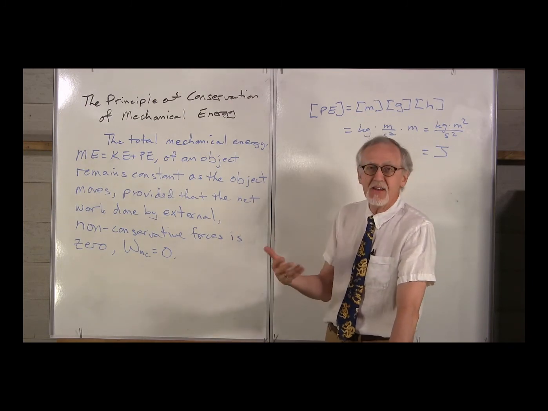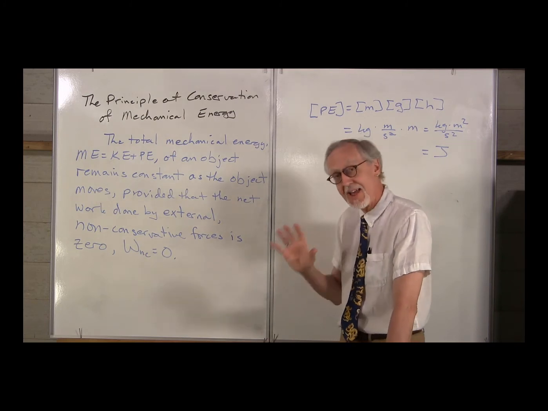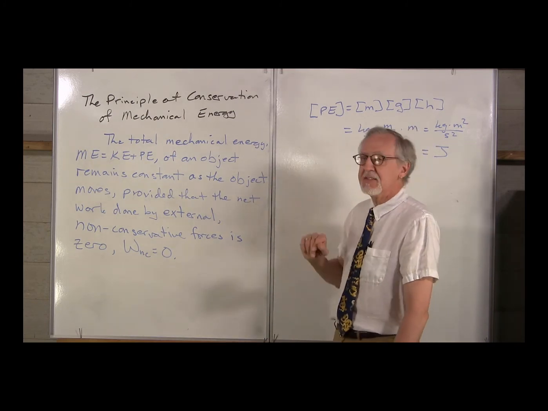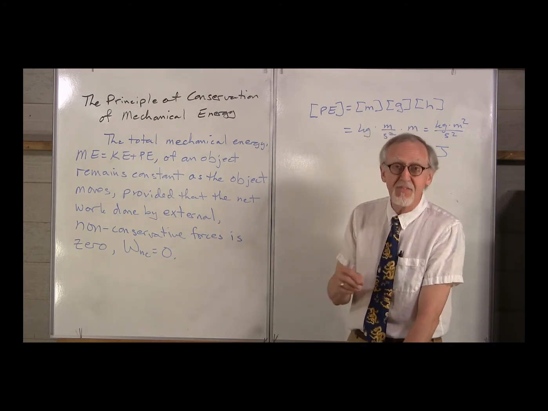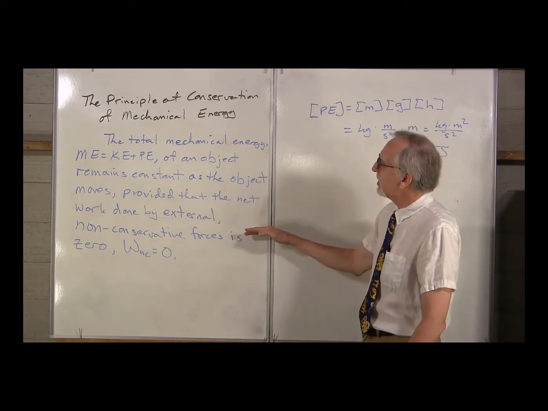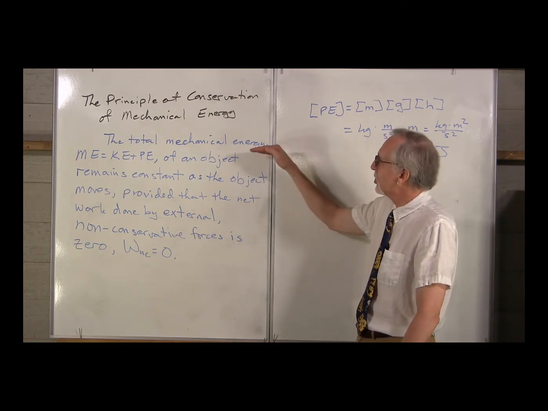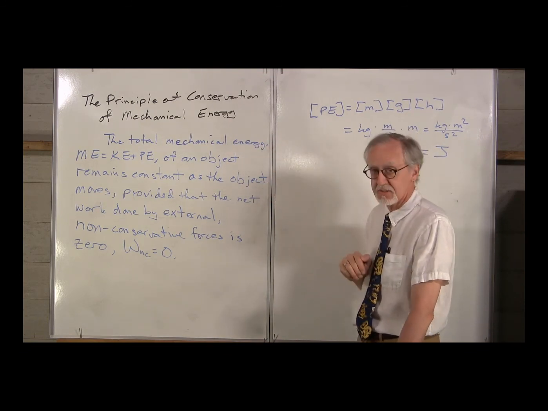We will have to add in another kind of potential to our total mechanical energy. But for now, we are basically talking about when gravity is the only force doing work on the object. As long as there's no work done by non-conservative forces, then the total mechanical energy remains constant.